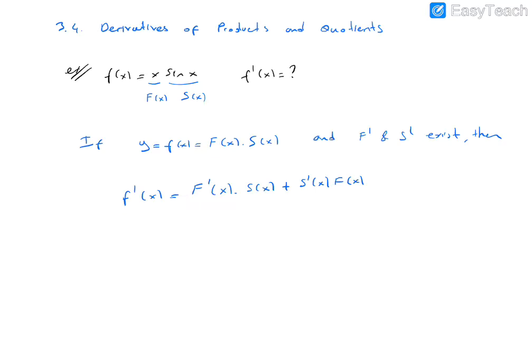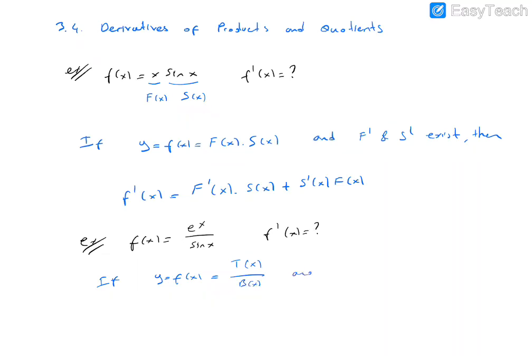If your function is a quotient of two functions, for example, f of x equals e to the power x over sine x, in this case how can you calculate f prime? We have the following formula: if y equals f of x is, your textbook uses T and B functions, top and bottom. For example, you can say numerator and denominator, but T of x over B of x. Top function and bottom function, most probably.